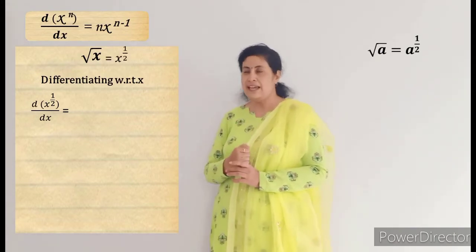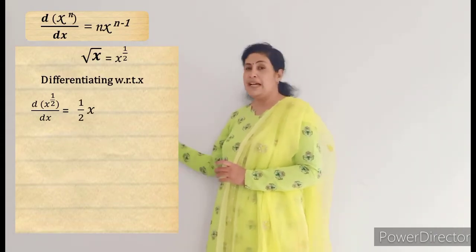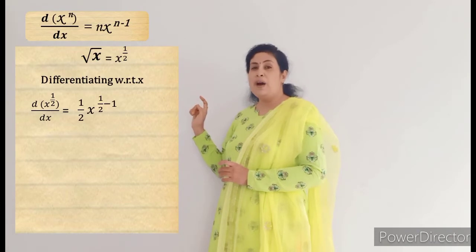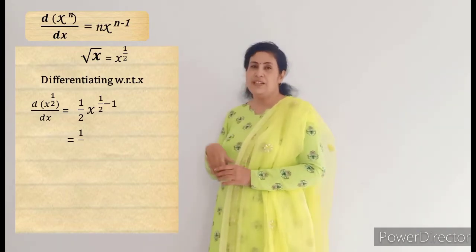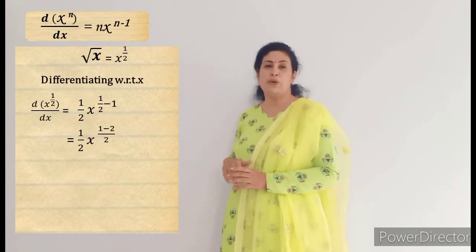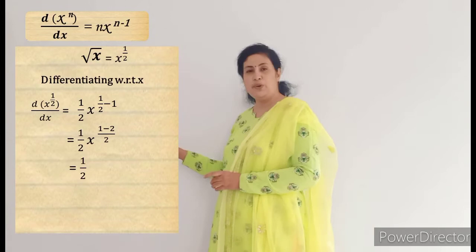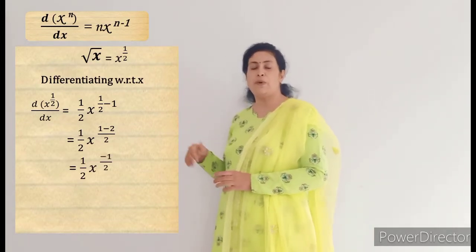Now it is easy. Take the derivative: n comes down, that is 1 upon 2, x raised to 1 upon 2 minus 1. So 2 goes up, you have 1 minus 2, and you get minus 1 upon 2 as the index. So you get 1 upon 2 x raised to minus 1 upon 2.